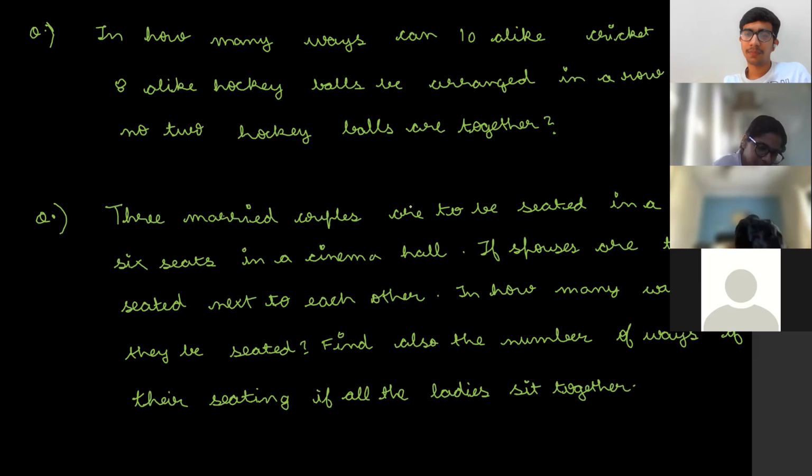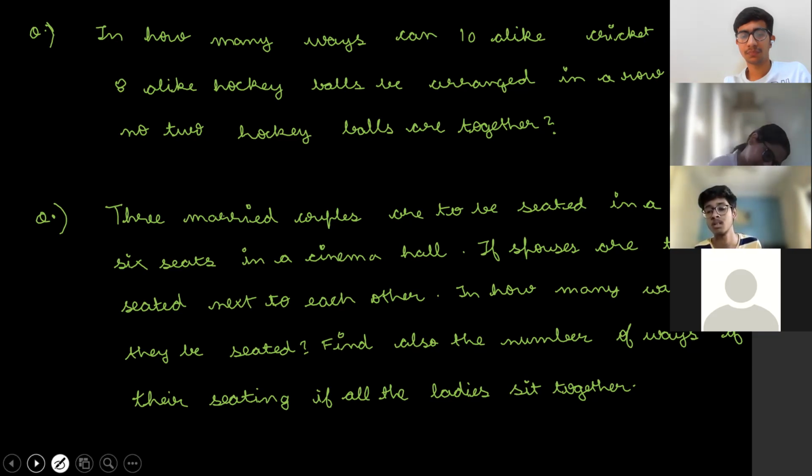So can you do it once? I understood, but I didn't get how there are only 11 gaps. How many gaps are you getting? I was actually only getting 9, so that is why.